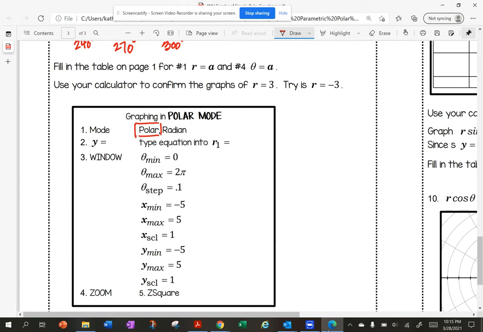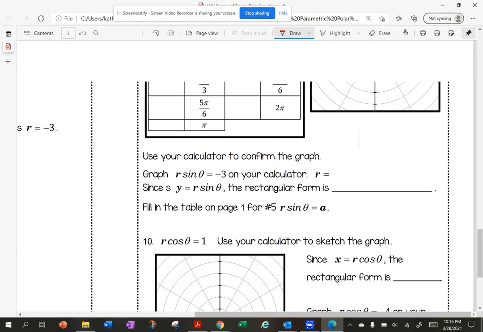So our equation R is 3 and -3, so I'll do one at a time here. We're going to use these settings for the window. And then you need to make sure you change the zoom to Z square, and now it'll look like a circle. Okay, so we're going to do this and confirm it on our calculator. All right, let's move on to the next one.